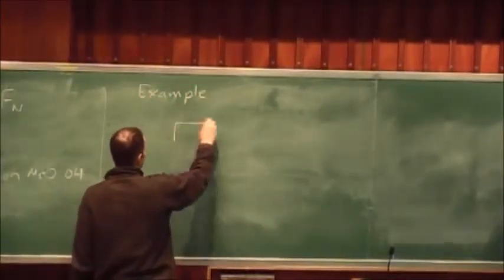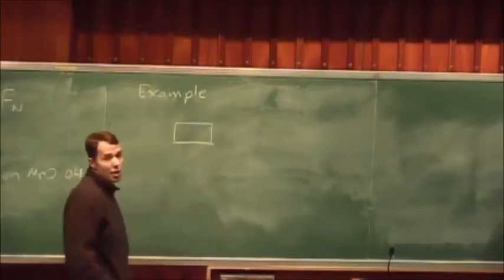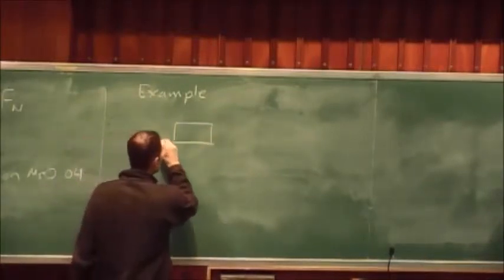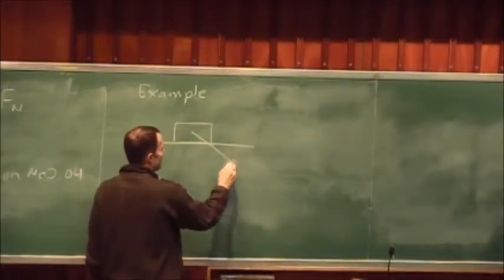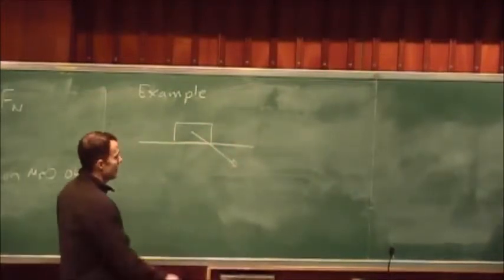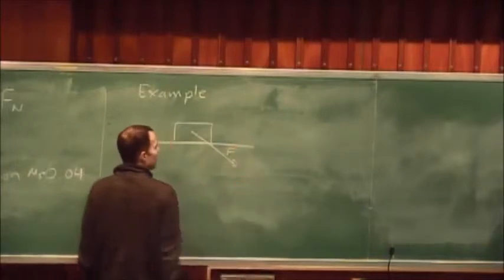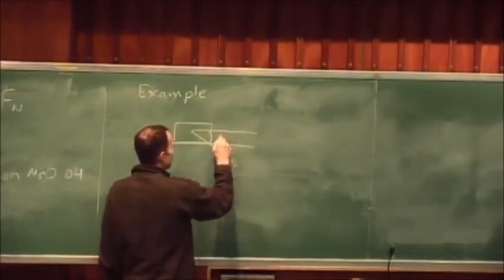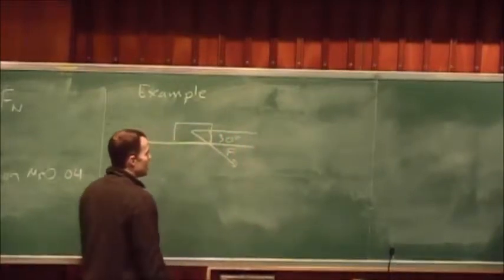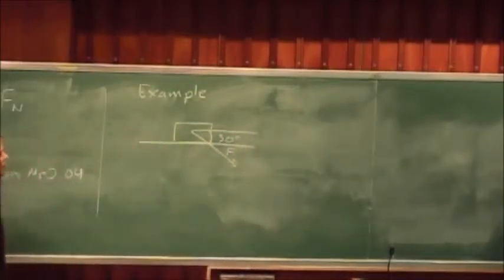Okay, so one of the examples that they show in the book is you have a brick sliding along a surface. There's an applied force here, which we call F, and it's angled at 30 degrees down relative to the horizontal. Okay, so let's label all the forces that we have in this free body diagram. What other forces do we have?